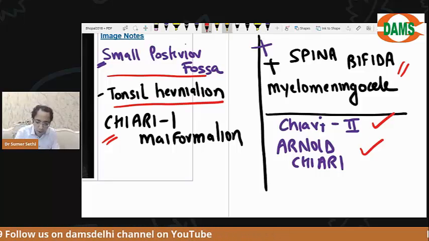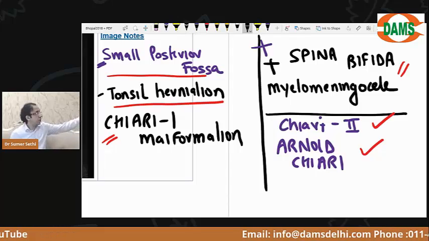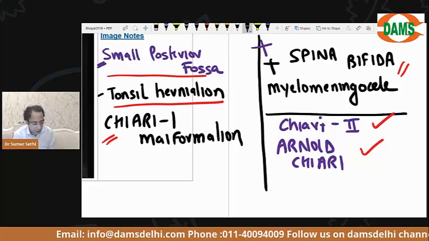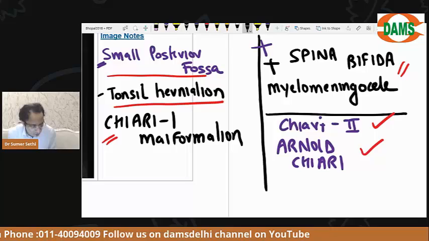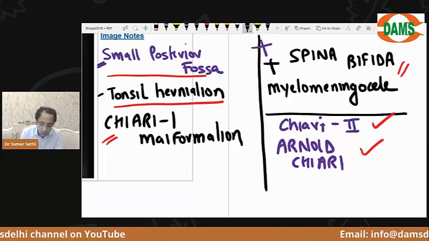Now, my question to you is this. Which type of Chiari malformation will not be diagnosed at birth? The answer is Chiari type 1.